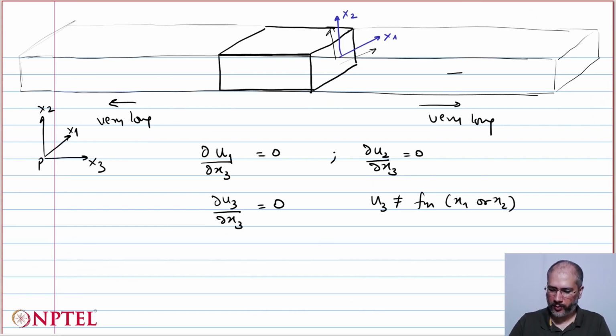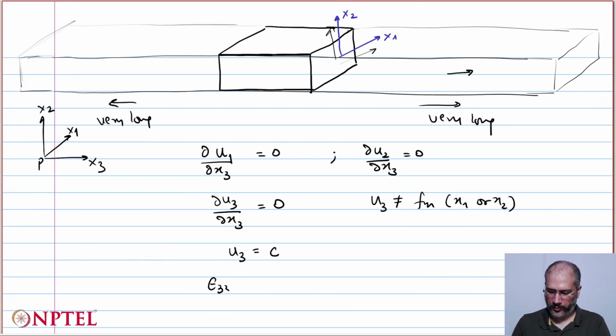Remember, u3 is a displacement along the x3 direction. Now the bar is extremely long, so all cross sections should behave in a similar fashion. So if u3 was dependent on x1 or x2, that would mean that the cross sections would start tilting or bending because some points at some x1 values will displace more in the x3 direction than other points. So if u3 is neither a function of x1, x2 or x3, that means u3 is a constant.